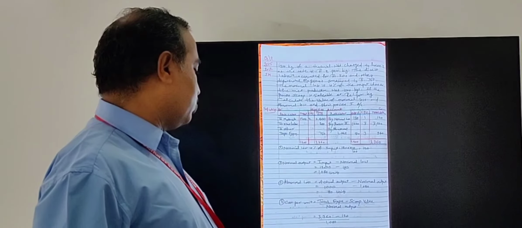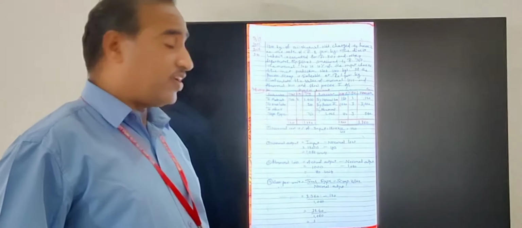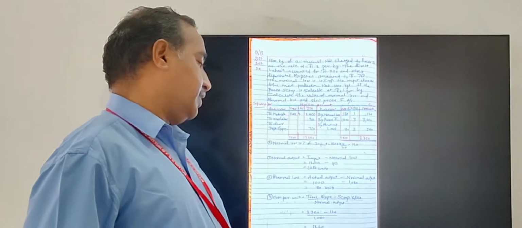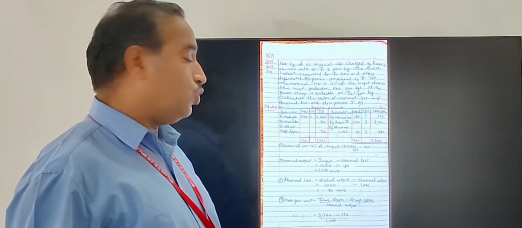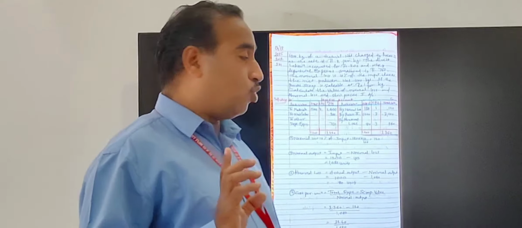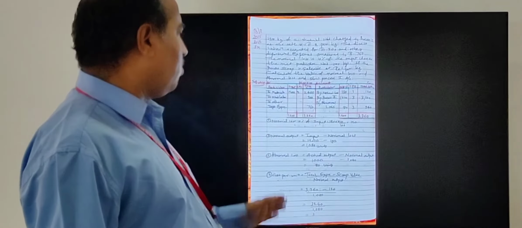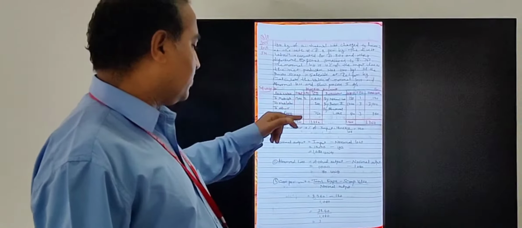Now once again I am going to say, you must find out cost per unit. Cost per unit is total expense minus scrap value divided by normal output. Once again, all expenditure added together works out to 3360, minus scrap value 120, divided by normal output 1080, it works out to 3 rupees.